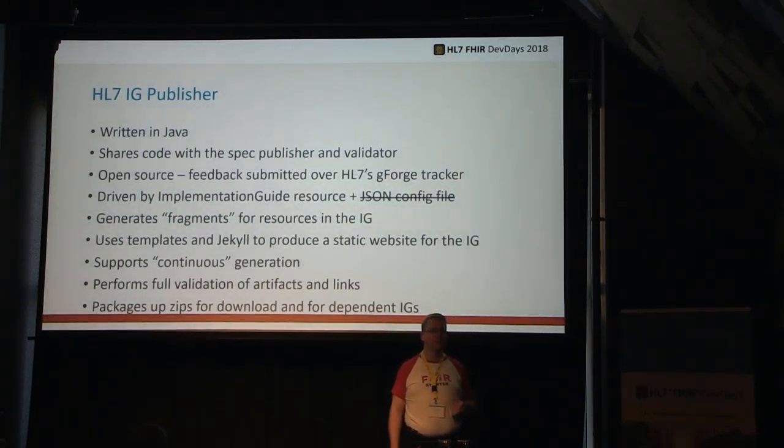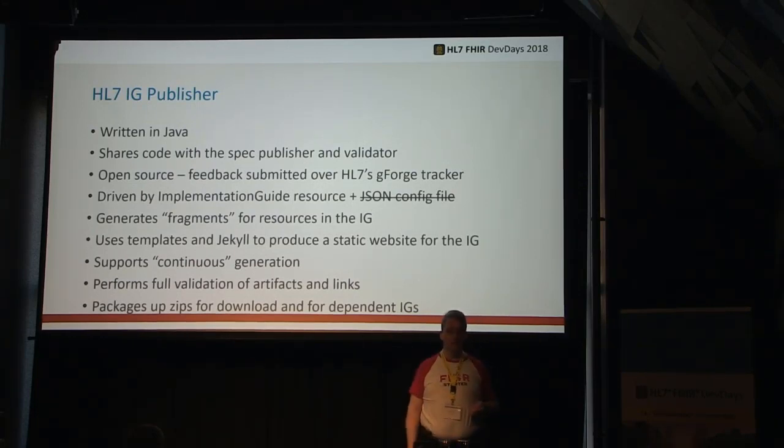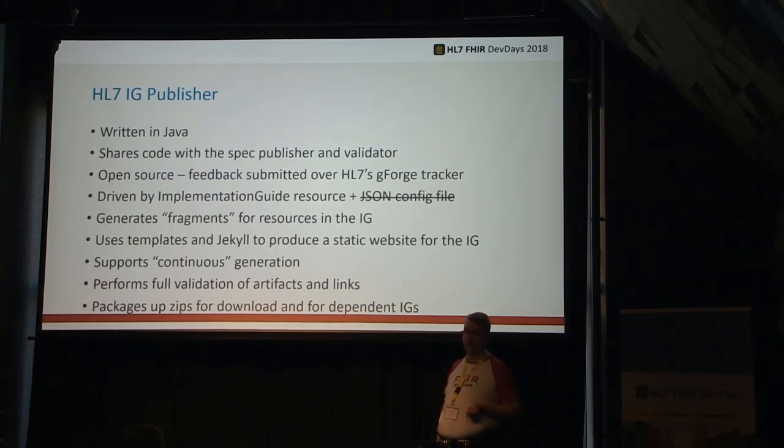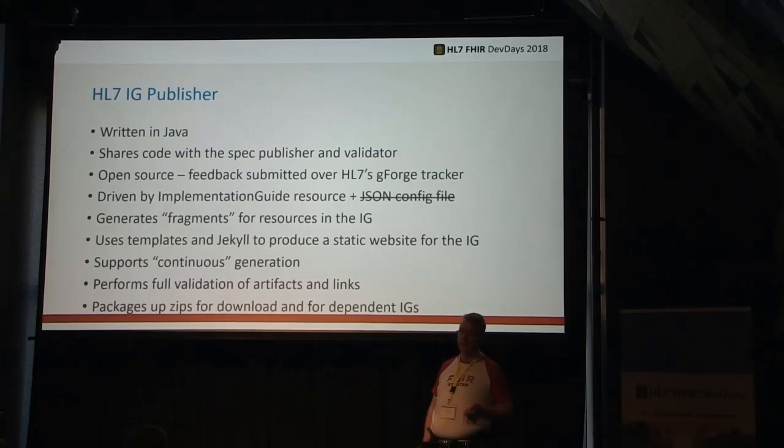It leverages a lot of the same underlying code as the HL7 publication itself. So when we publish FHIR on the FHIR website, we have a bunch of different rendered views, and a lot of that same code is leveraged by the IG Publisher, and you can actually generate implementation guides that look a fair bit like the HL7 specification and link into that HL7 specification.